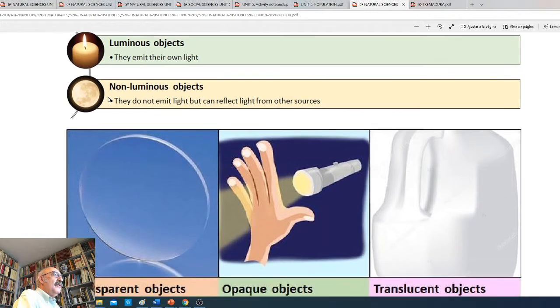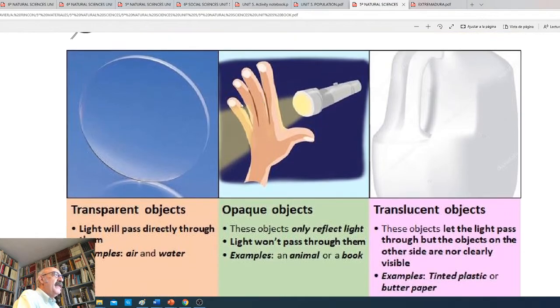Non-luminous objects are objects that don't emit light, but they can reflect light from other sources. According to that, we have three different kinds of objects: transparent objects, opaque objects, and translucent objects. The difference is that transparent objects are objects that let light pass directly through them. So this is a lens.